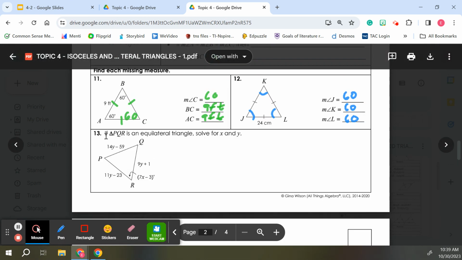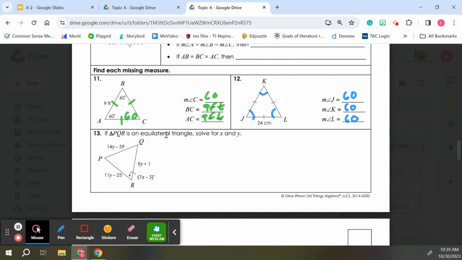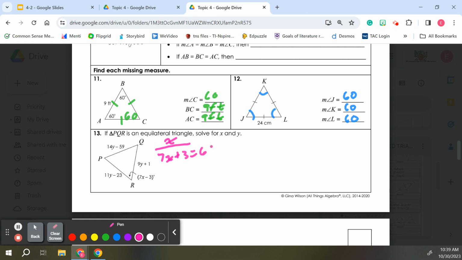So number 13 states, if triangle PQR is an equilateral triangle, solve for X and Y. All right, so this is going to be a smidge different than what you're used to. If we're going to solve for X here, I only have the one angle, but I know this angle is equal to what since it's equilateral? 60 degrees. So to solve for X, I'm going to have 7X plus 3 equals 60. I'm going to subtract 3 from each side.